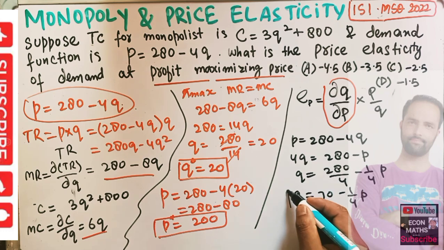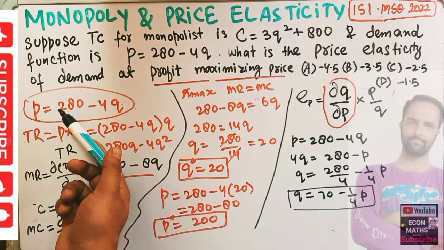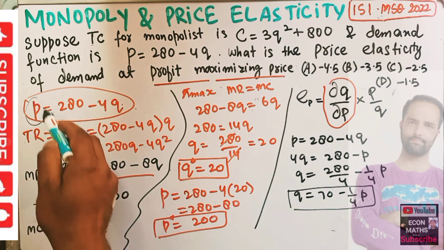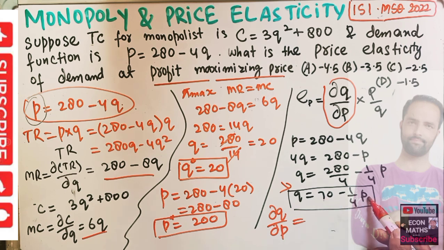This is our demand function. This was the inverse demand function, which was explicitly in terms of P, and this is our usual demand function. Now dQ/dP is just the derivative of this function with respect to price. The derivative of the constant is 0, the derivative of P is 1. We are left with -1/4.